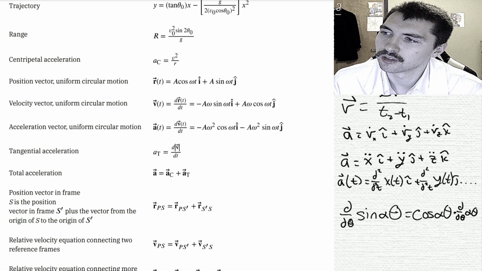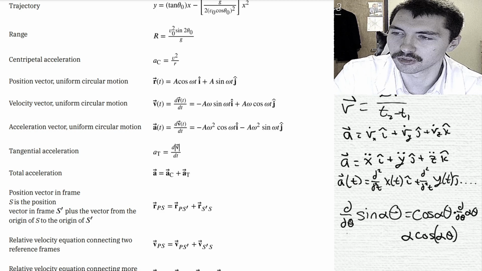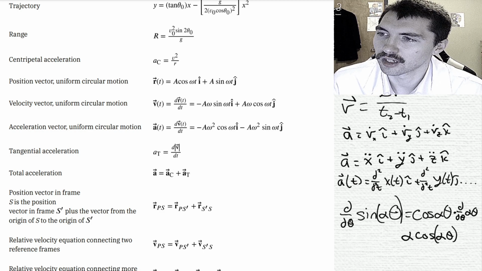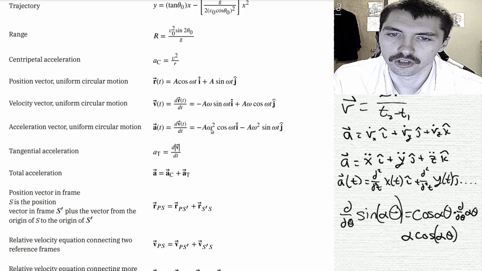So the derivative of the variable is 1, so it's going to be alpha cosine alpha theta. If that makes sense. Basically, when you're differentiating sine theta with a constant, you need to pull it out. And that's how you get the omega squared here.